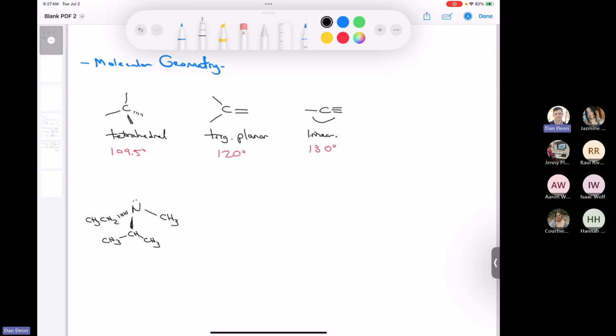I can see the chat. Yeah, it's trigonal pyramidal, isn't it? Thanks, Jenny. It's trigonal pyramidal. And all you have to know as far as bond angles go is that it's less than 109.5 degrees. That's because of the lone pair, right? It pushes these bonds down a little bit.